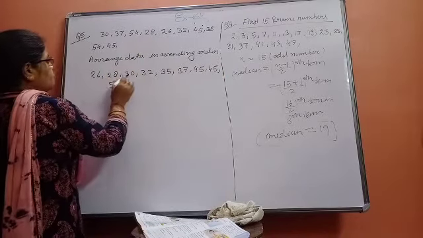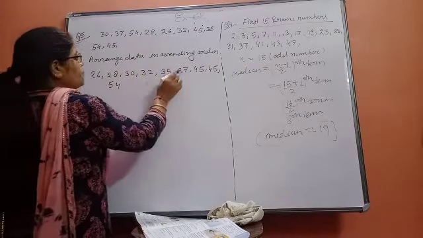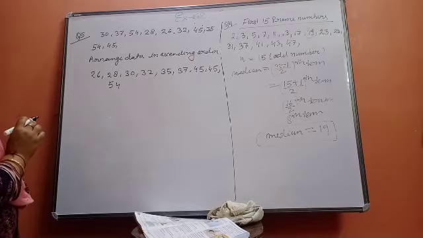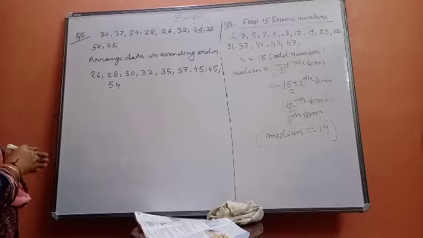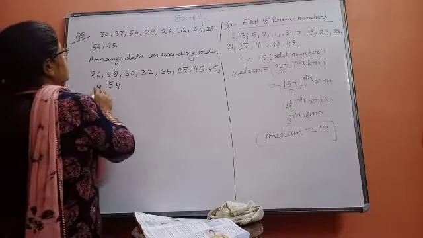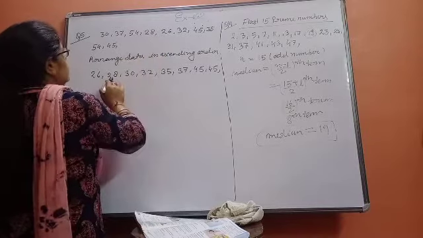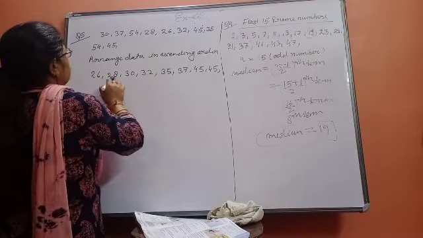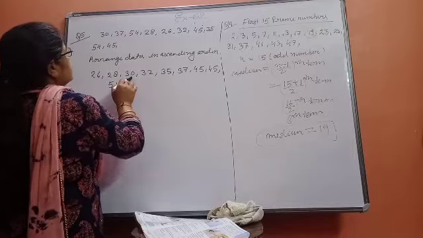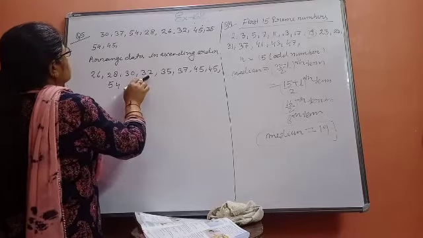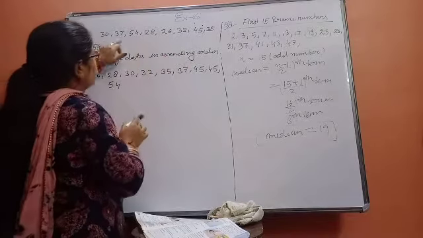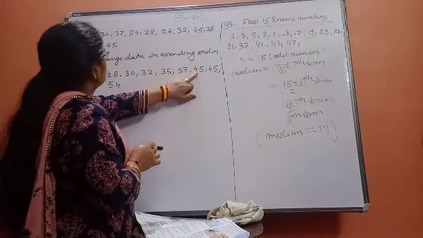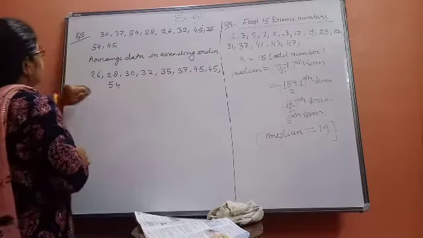Let me recount. 26, 28, then 30, then 32, after 32, 35 is there, then 37 is there, then 45 two times is there, and afterwards 54 is there.